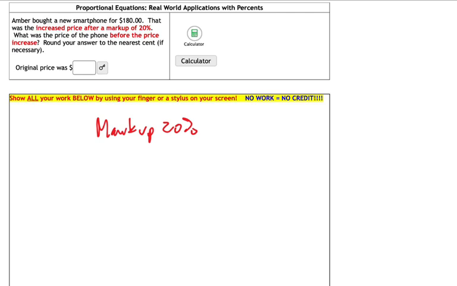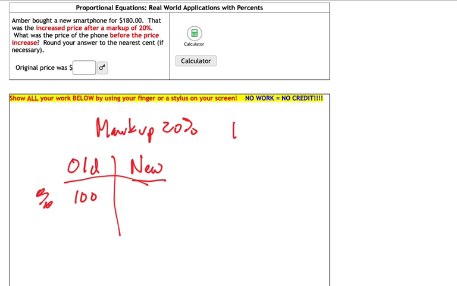And anytime we deal with percents in our class, we deal with it in the form of a table by comparing the old or the original to the new. Everything starts at 100%. Here we have a markup of 20%, which gives us 120%.